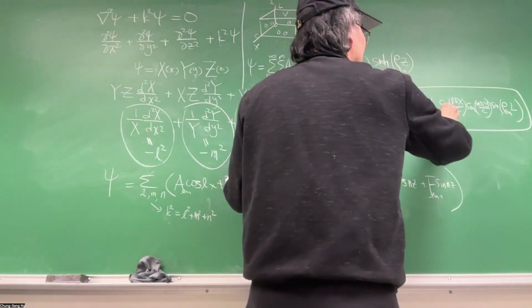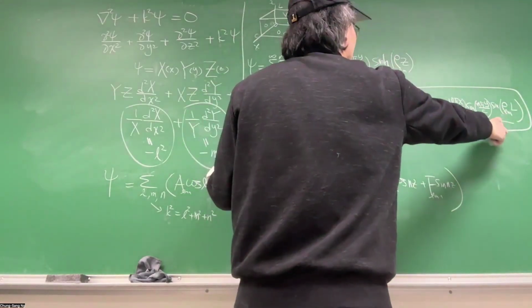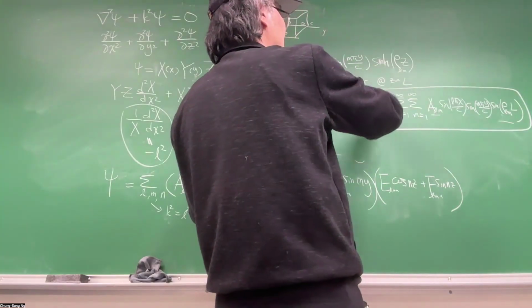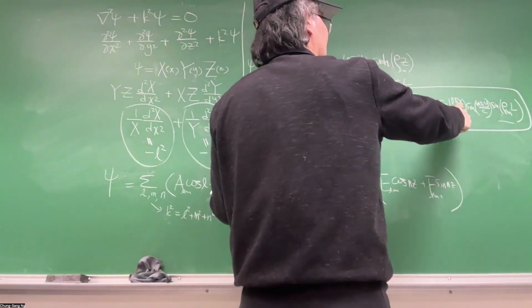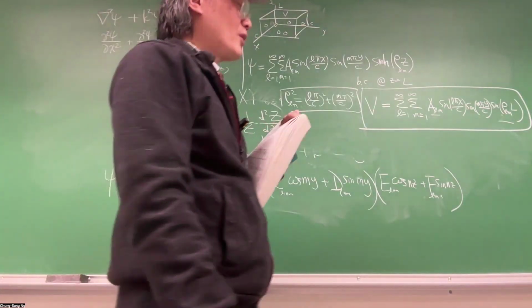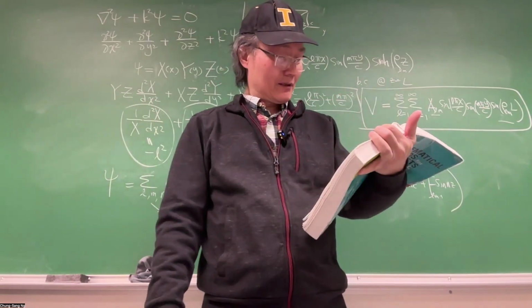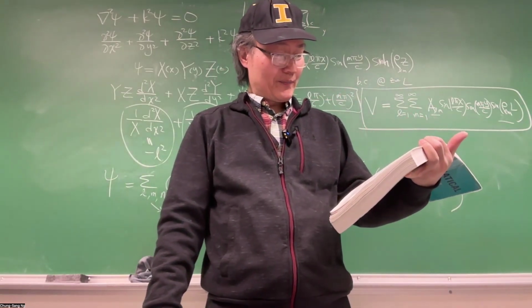So this times that becomes your expansion coefficient. So this times that equals V integrated, multiplied by these three, and multiplied by the normalization constant of your Fourier series. It's okay, and that formula is in your textbook.